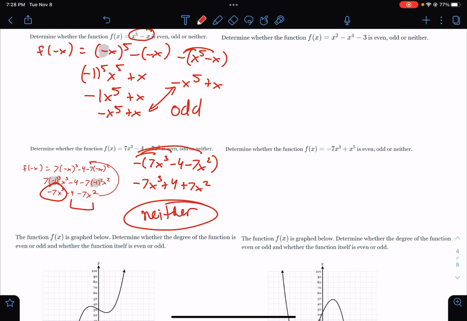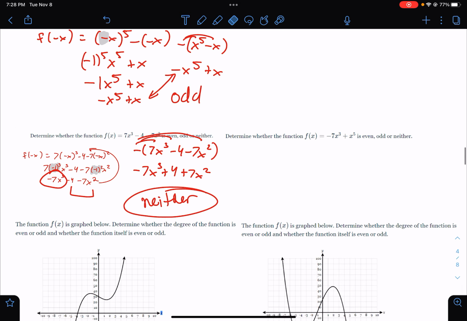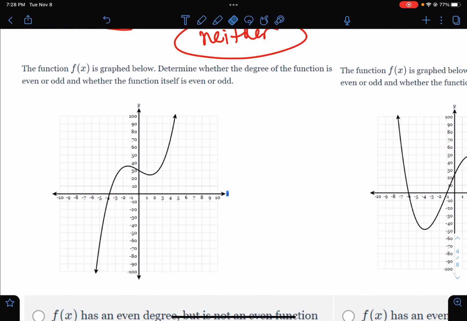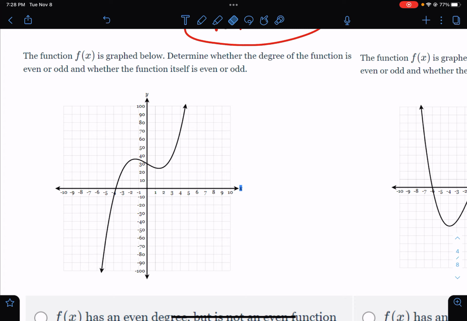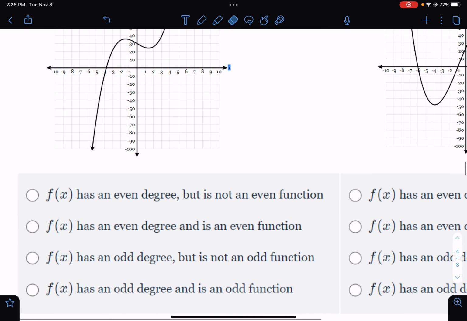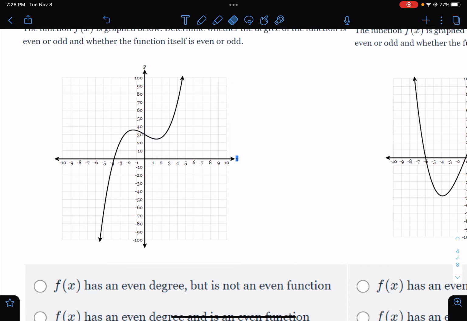All right, and then we have to go ahead and check here. So now what we're doing is they're giving us polynomials, and we have to determine if the degree is even or odd, and then determine if the function is even, odd, or neither. Okay, so if we look here, the end behavior is going in opposite directions.